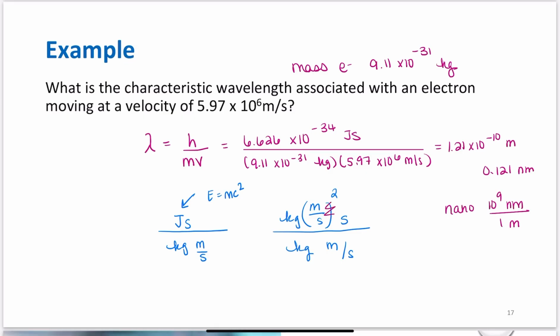So this is the same as saying meters squared over second squared. One of my seconds cancels here. My other second cancels here. One of my meters cancels here. One of my kilograms cancels here. And I'm left with meters overall. You guys should be able to do these calculations though. So you got some new constants.